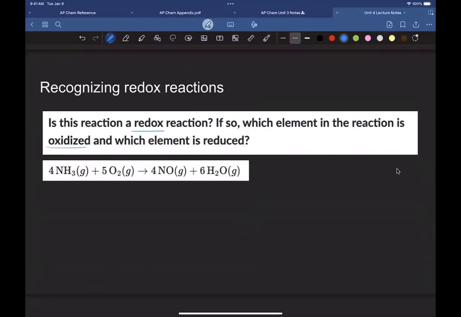We know that oxidation, OIL RIG, oxidation is loss of electrons, and reduction is gain of electrons. So when it's asked which one is oxidized, we're trying to look at which one lost electrons and which one gained electrons in the reaction.